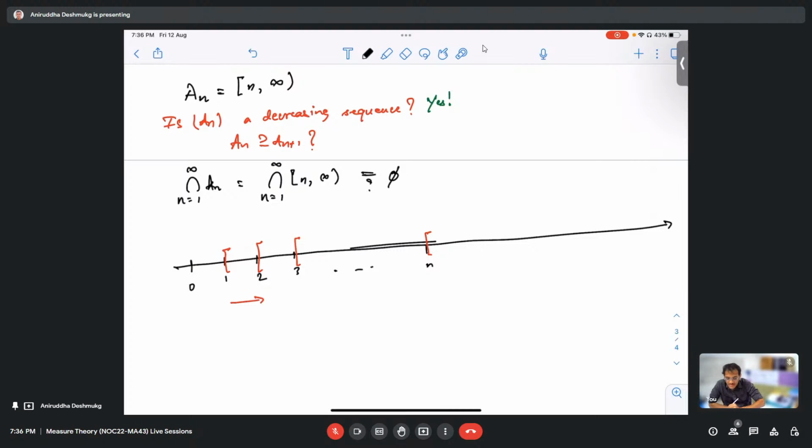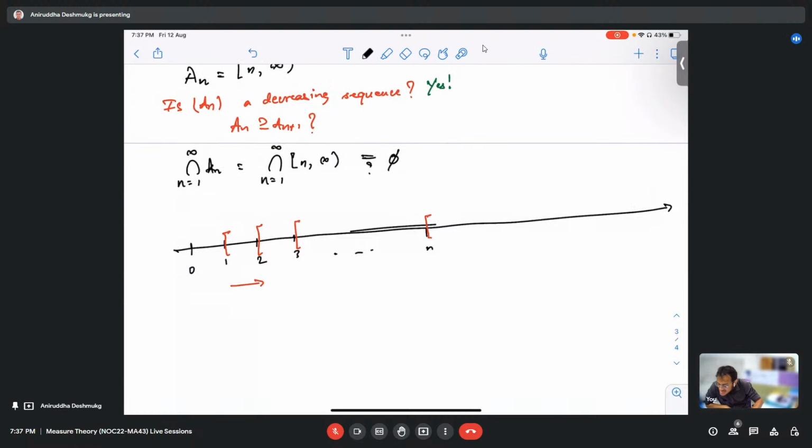Why do you think it is empty? The interval n comma infinity. No, no, that is not the correct way. You cannot estimate something from here. See, this closed interval, this one is empty.